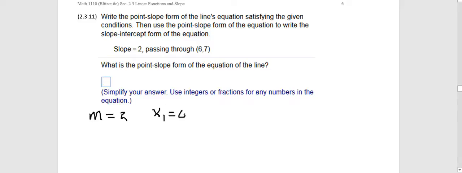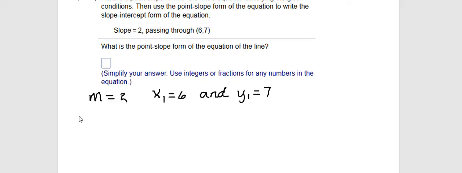The slope is 2, so that means our m is 2. And if the line passes through the point 6, 7, so our x1 is 6 and our y1 is 7. And remember that the point slope equation of a line has the formula y minus y1 equals m times x minus x1.